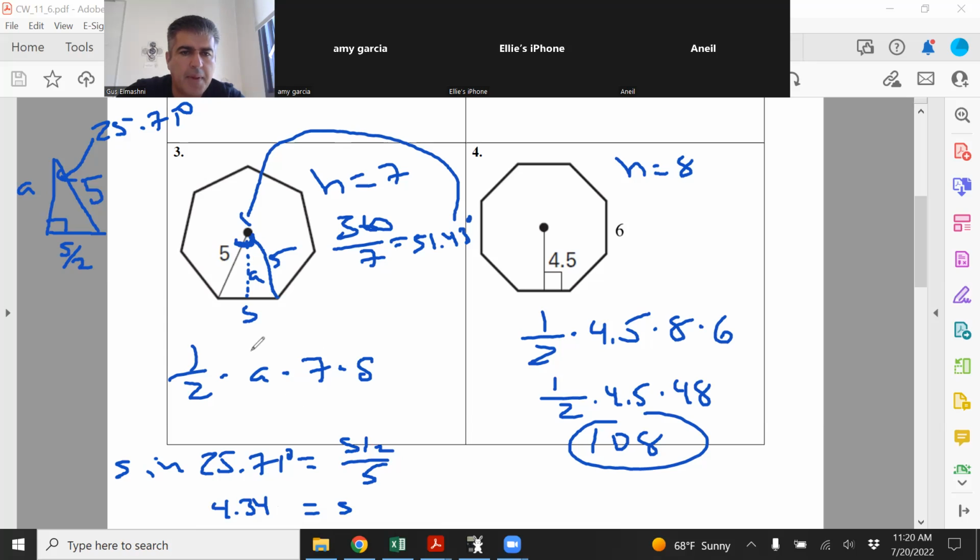And then to get the apothem, you have to do tangent, sorry, cosine of 25.71 degrees equals a over 5. You should get 4.51.